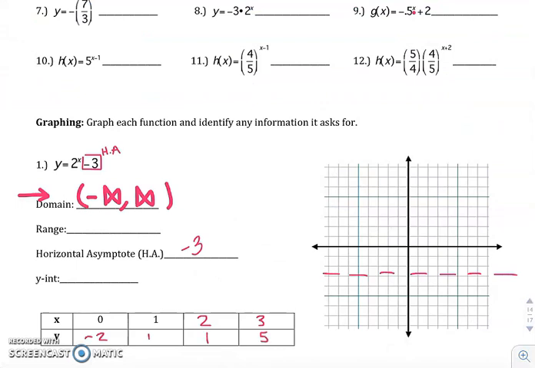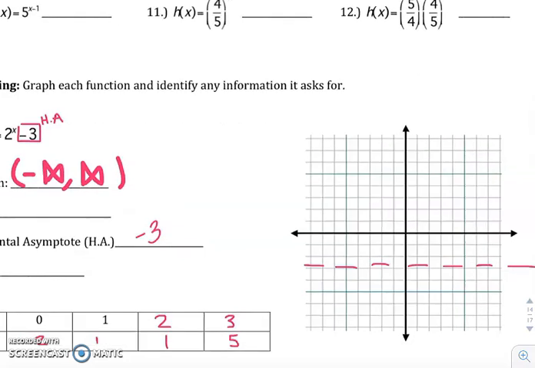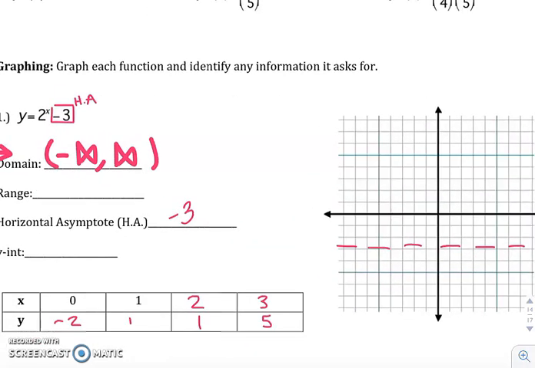And then we will plot those. So let's go ahead and plot those guys, and then we'll fill out the rest of that information. So 0, negative 2, 1, negative 1. I think that's supposed to be a negative 1. 2, 1. And 3, 5. Now, this is not linear.